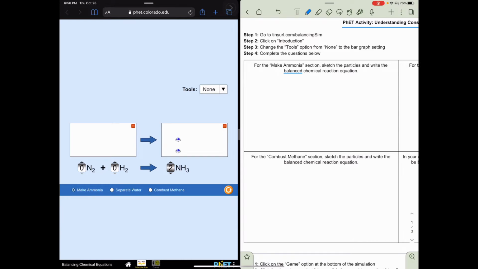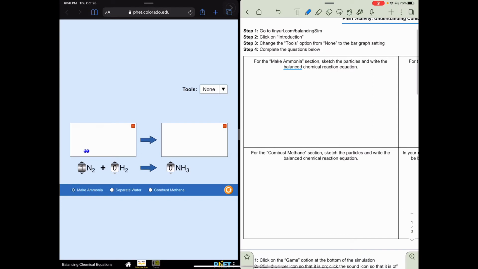So same goes for 2 nitrogens and 2 hydrogens. So we need to find a way to balance this situation. So if I start with one N2 molecule, the lowest number of nitrogens that I could possibly have is 2 nitrogens. So before we even worry about the hydrogens, we need to move over to this next side over here, where it has 1 nitrogen.